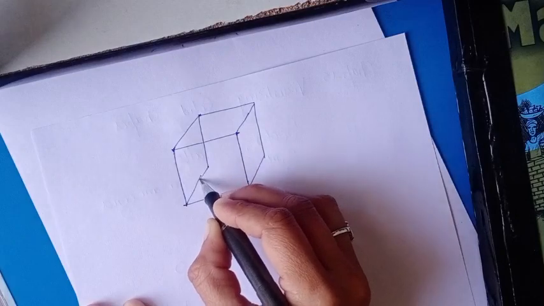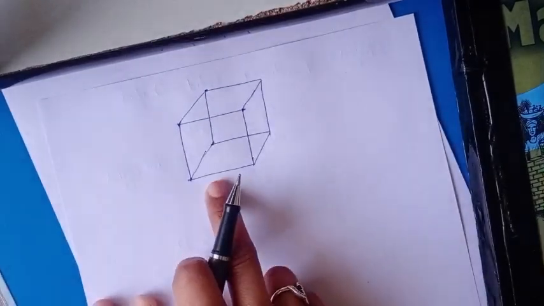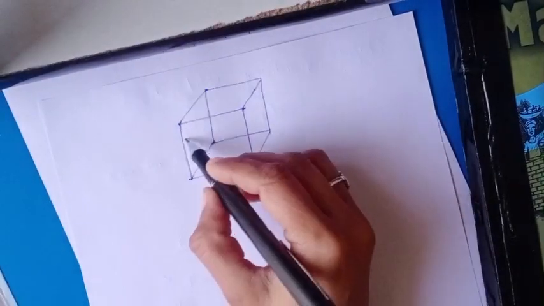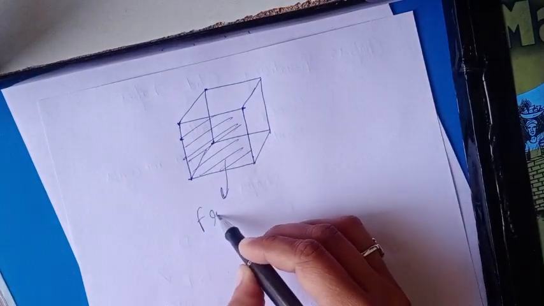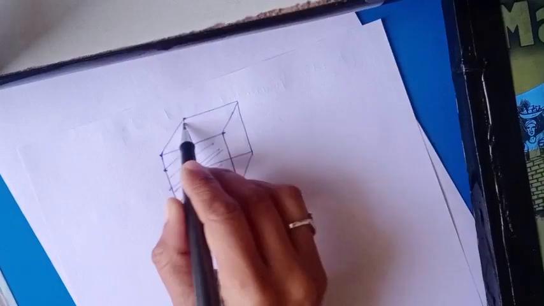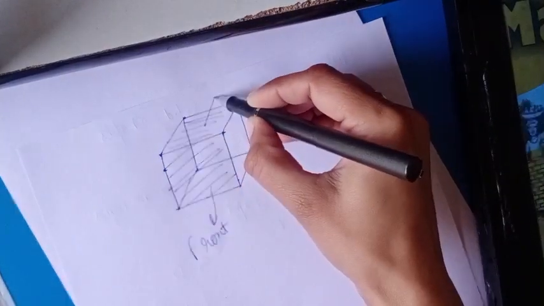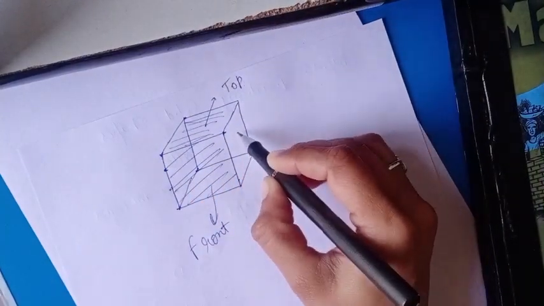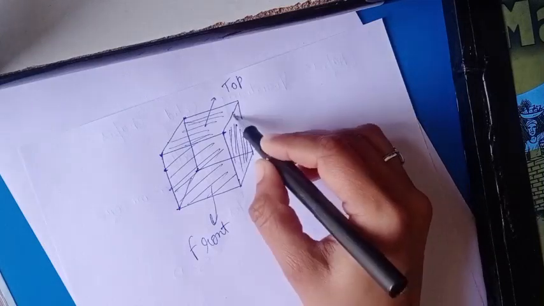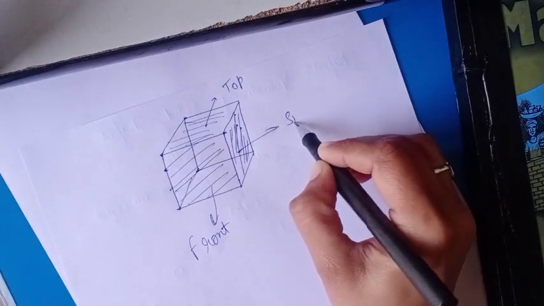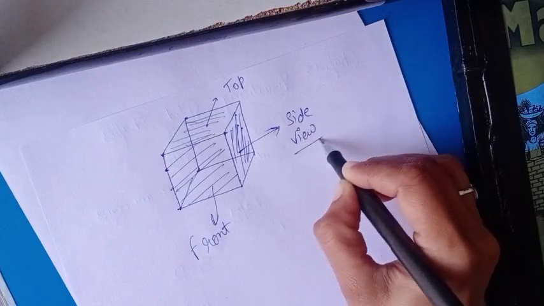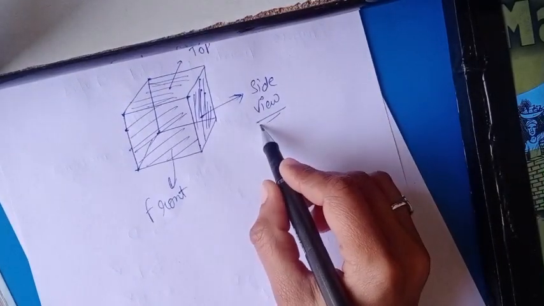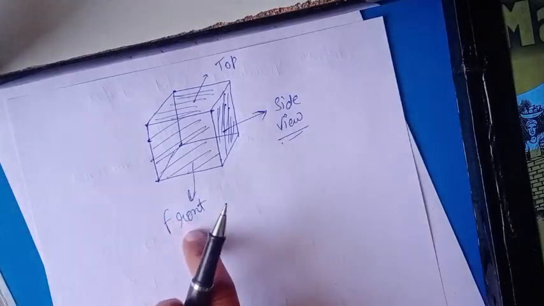This is the 3D shape of a square. This is called the front portion of the figure, front. This is the top, and this is called the side portion. Yes, side. We can also say that this is the side view of the figure.